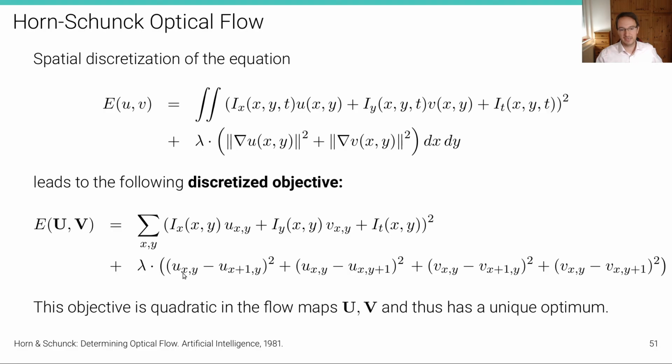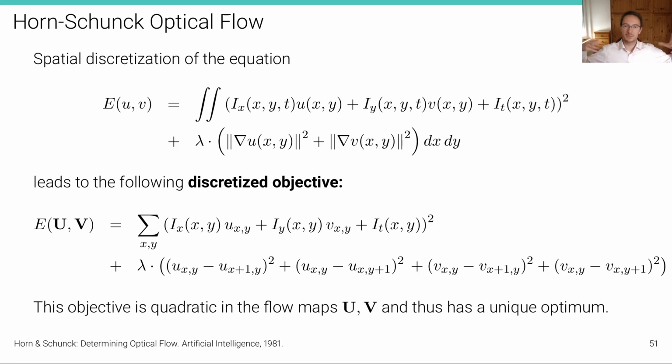You can see we have u_x minus u_x plus 1, and v_y minus v_y plus 1. Now we can see that this entire expression is quadratic in all the u and v variables. Therefore it has a unique optimum, and that optimum can even be found in closed form.